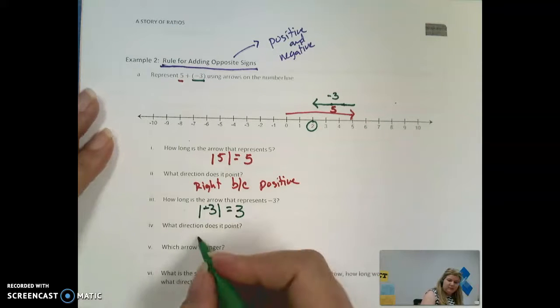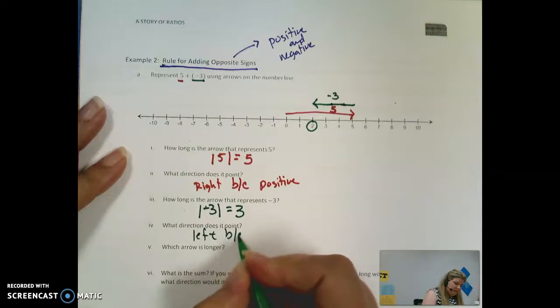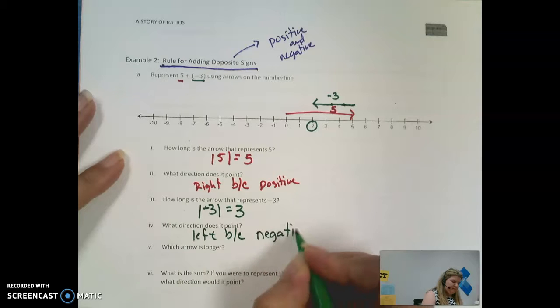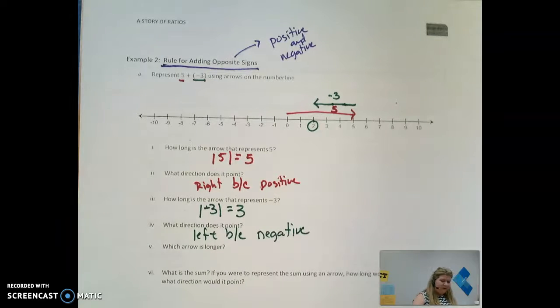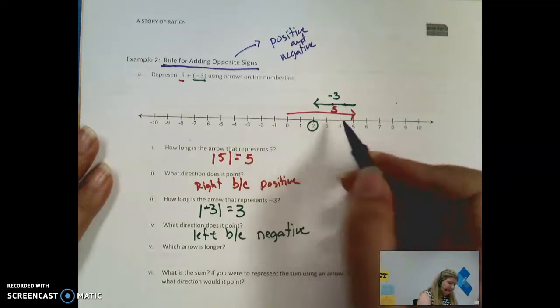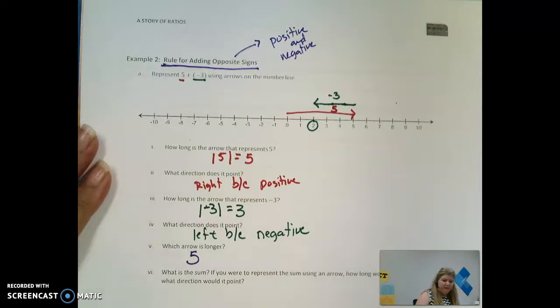And which direction does it point? Left, because it's negative. All right. Which arrow is longer? Well, looking at just the lengths, 5 or 3, the 5.